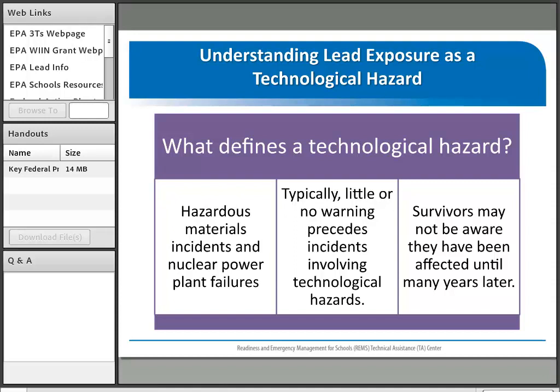According to the U.S. Department of Homeland Security, technological hazards include hazardous materials incidents, nuclear power plant failures, and things like that. With these types of incidents, there's usually little or no warning that's going to precede an incident. And in many cases, persons nearby or potential victims might not know that they've even been affected until a later time, sometimes even many years later.